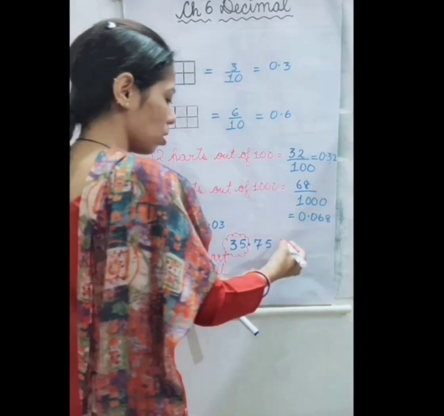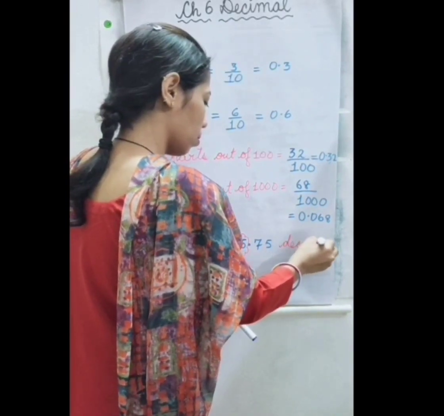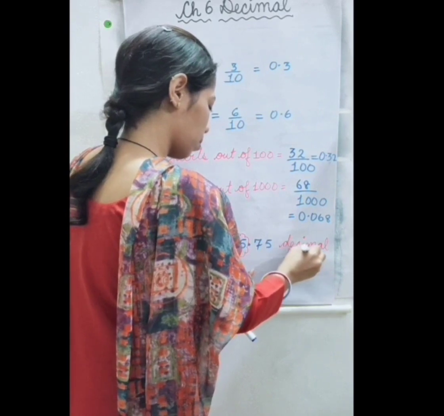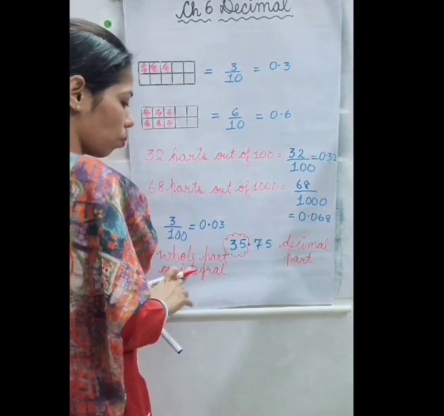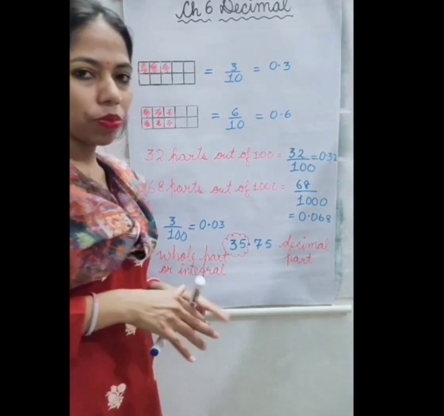And the number after the decimal is called the decimal part. Here this 35 is the whole part or integral part, and this 75 is the decimal part.